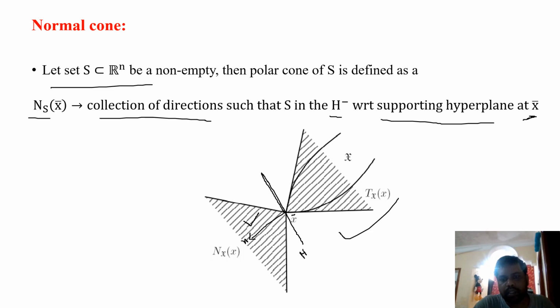With respect to this normal direction n, we get a supporting hyperplane where the set is in the negative half space. So this is the layman definition of the normal cone.